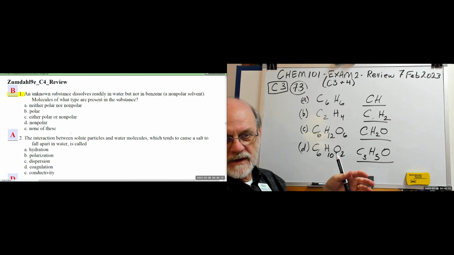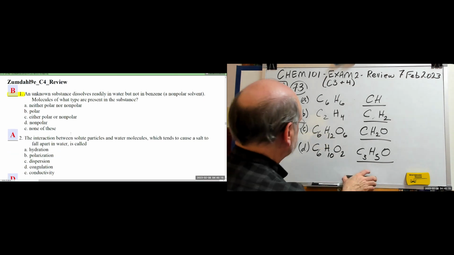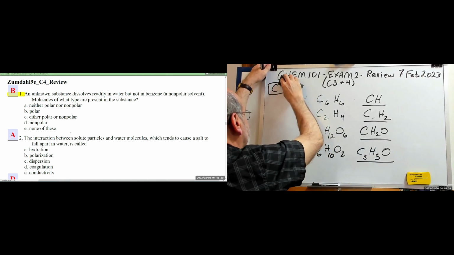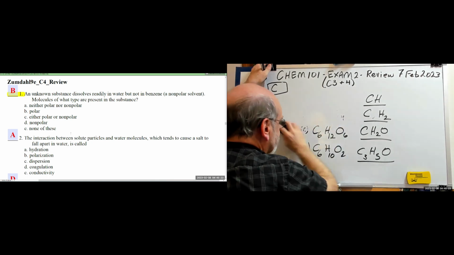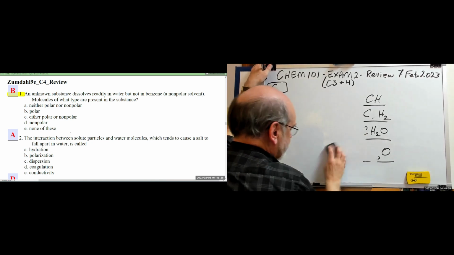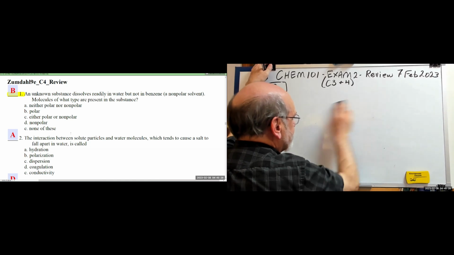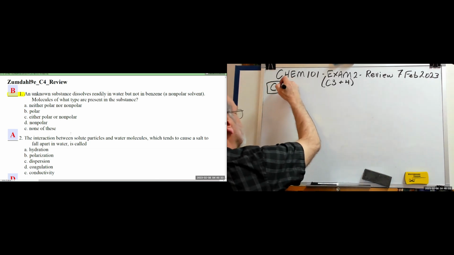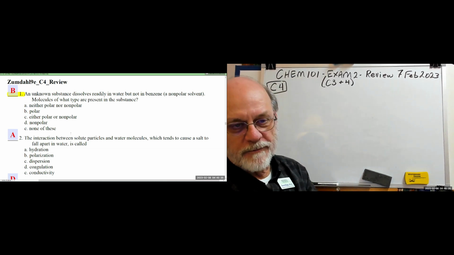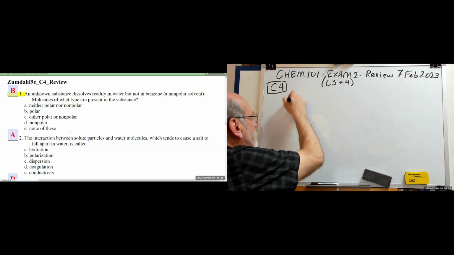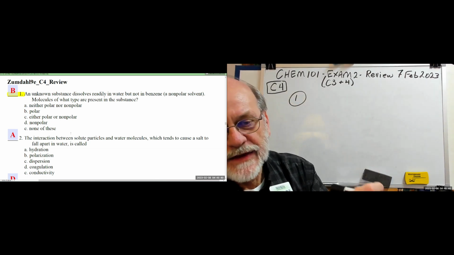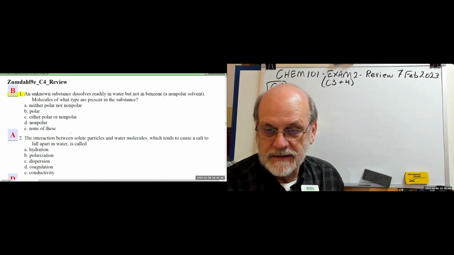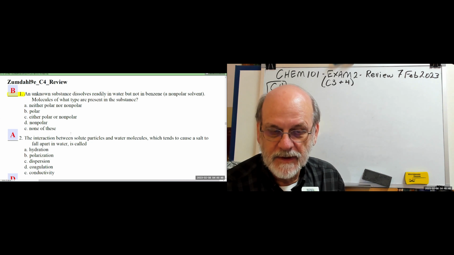So now we're into chapter 4. All right. Chapter 4. Number 1. An unknown substance dissolves readily in water, but not in benzene. Benzene is a nonpolar solvent.